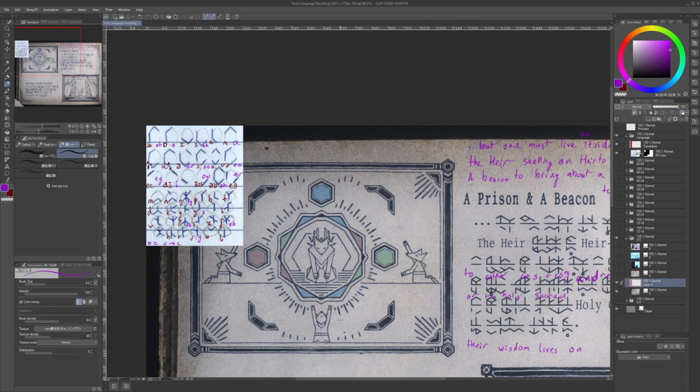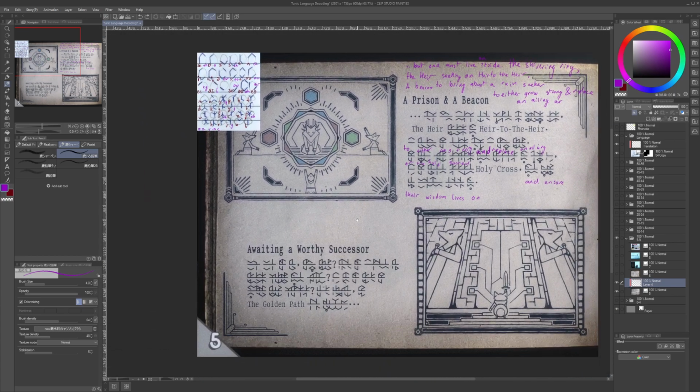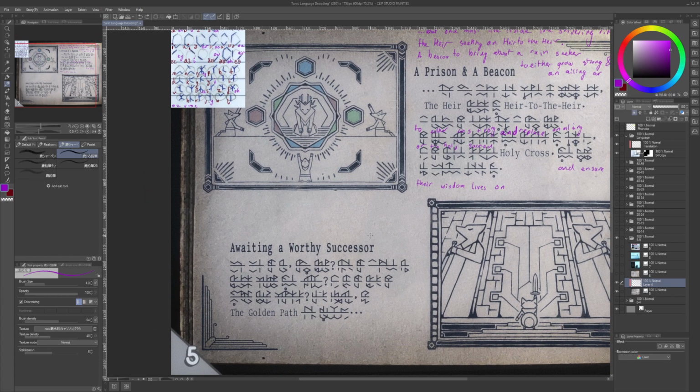So what we have: three consonants left. Oh my god. Three consonants left, one vowel. Okay, let's try and find these consonants. So one is like a chicken foot, the other is a man jumping for joy, and the other is just a very simple thing.